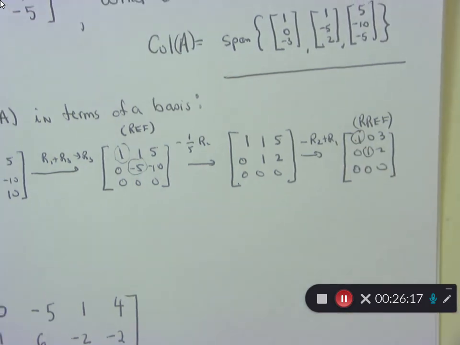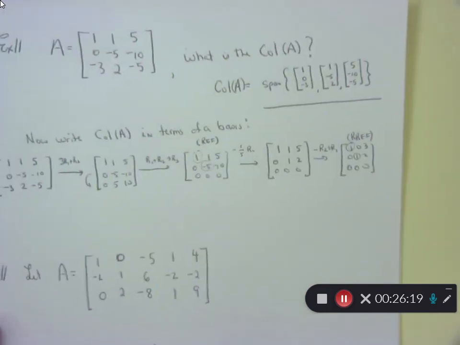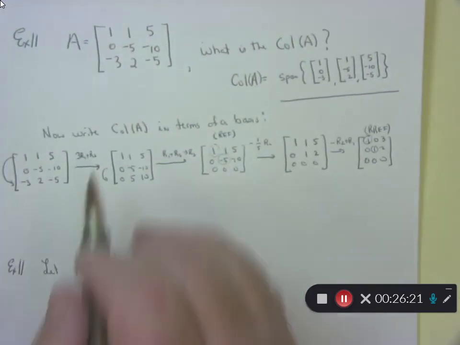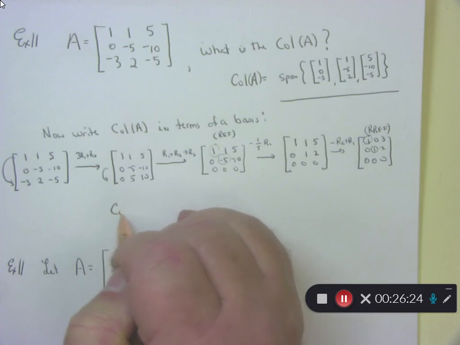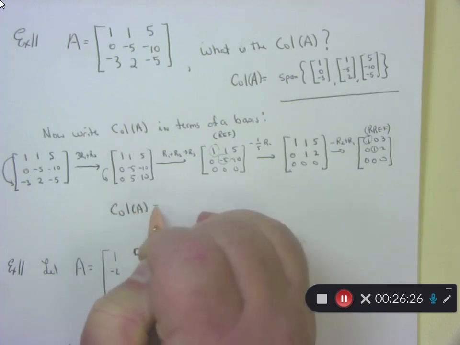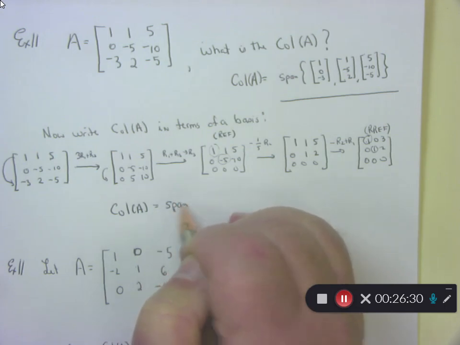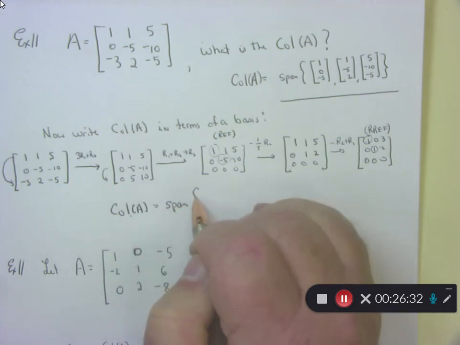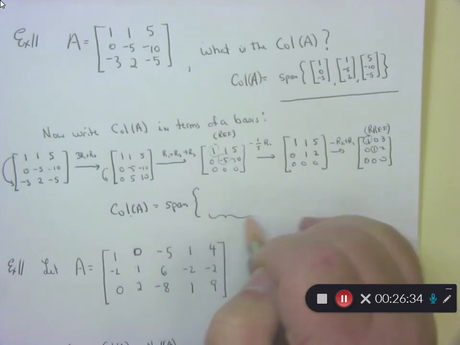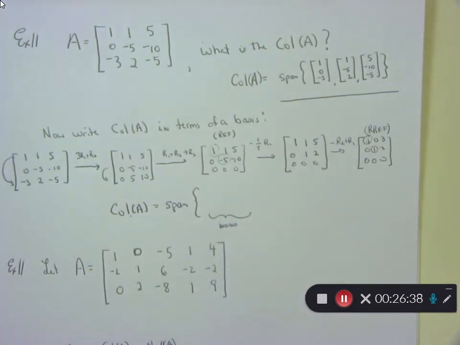So, back to the question. Now, write the column space of A in terms of a basis. It will be the span, because this is a space, so it's the span of what would the actual basis for this column space of A be. Well, which vectors do you actually need?